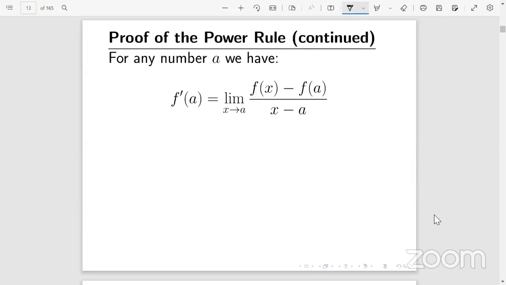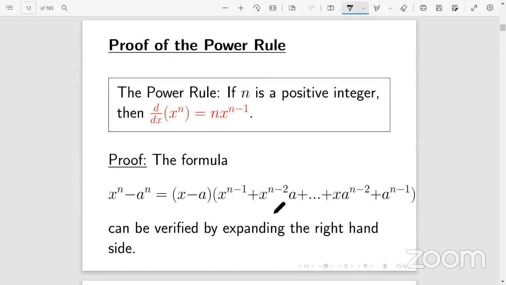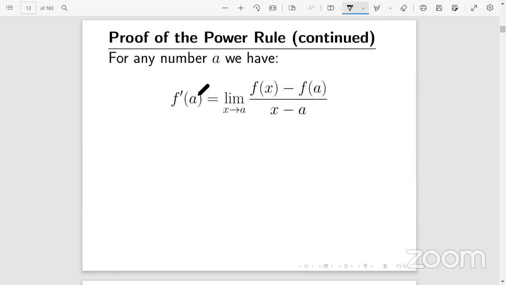So now, after you factorize this, let's talk about the power rule for x to the power n. From the power rule, we know that f prime at a, remember that we did differentiation, is the definition of finding the derivative at a point. Remember, there's differentiation of a function, and then there's differentiation at a point.